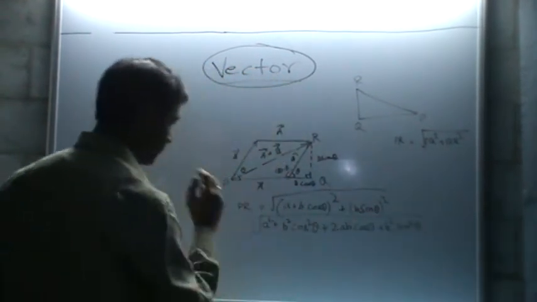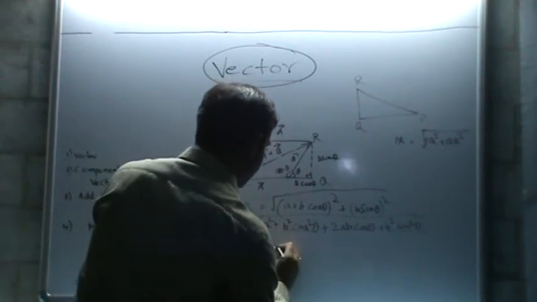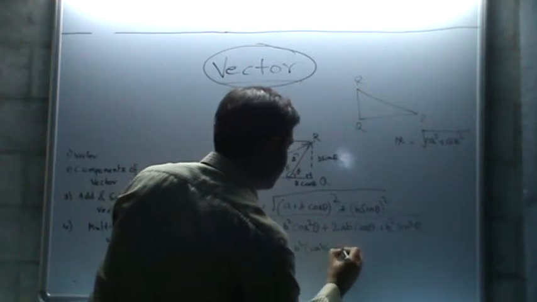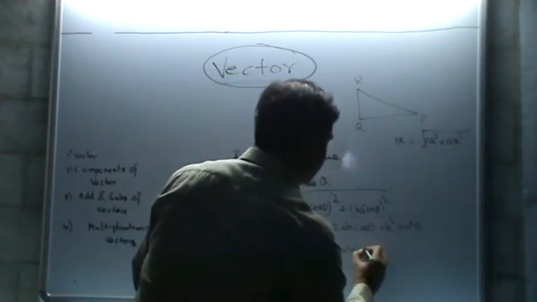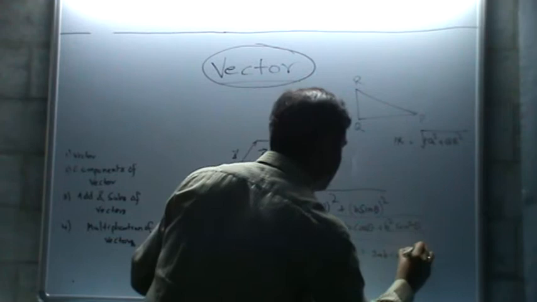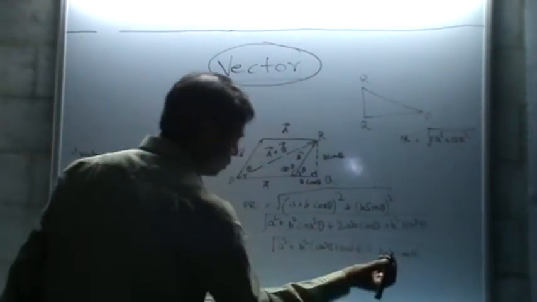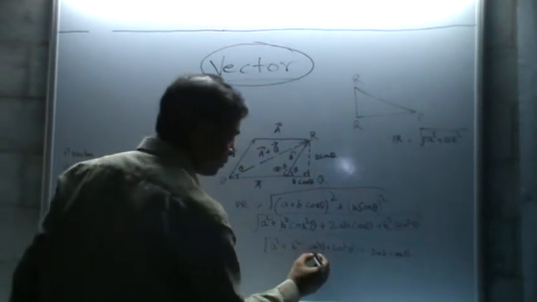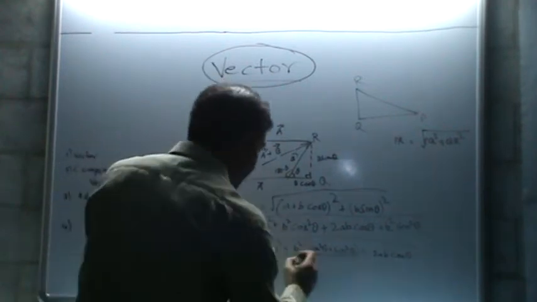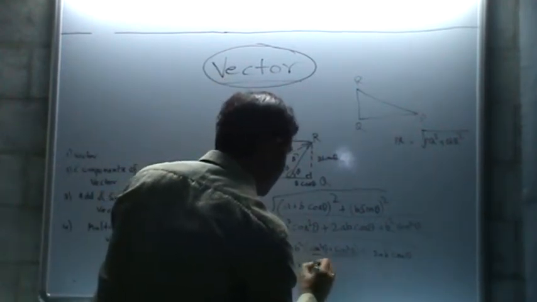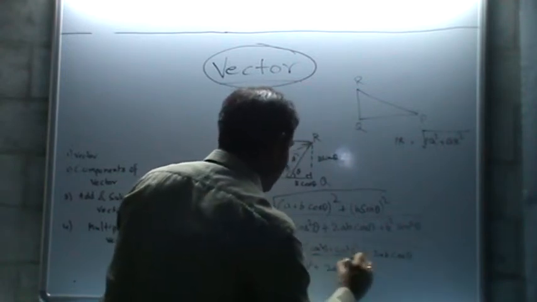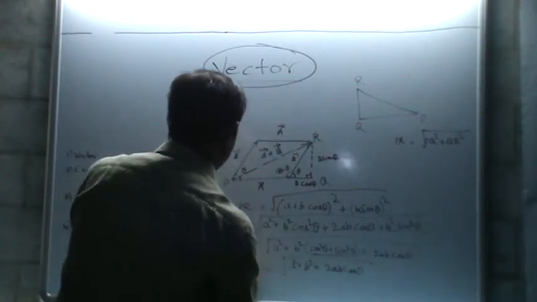Under the square root, it will be A square plus B square (cos square theta plus sin square theta) plus 2AB cos theta. Maybe you must be knowing from maths, the value of this is 1. What it becomes? A square plus B square plus 2AB cos theta, under square root. This is the resultant magnitude.